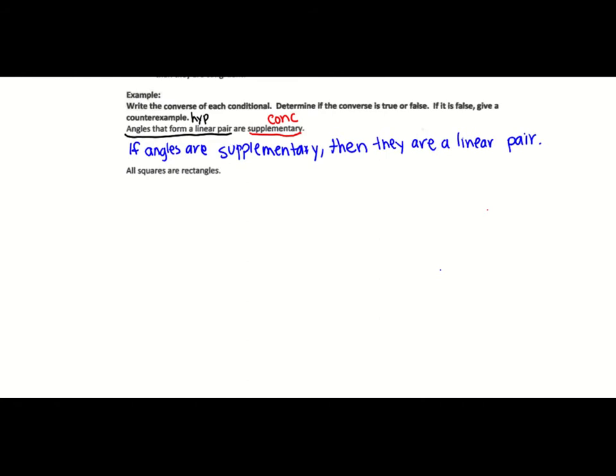So if I drew some angles that added up to 180, like this, but I did not draw them on the same line, this was 90 and this was 90, those two angles are supplementary, but they are not a linear pair because they are not on the same line. So that means this converse statement is false. And this was my counterexample right here.